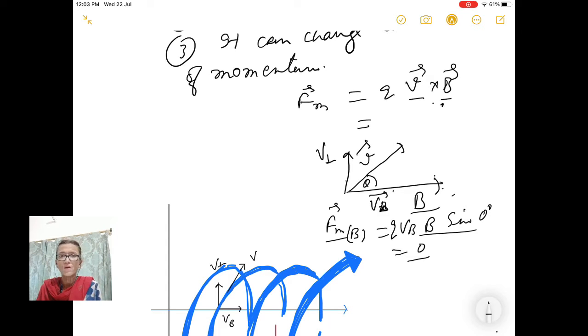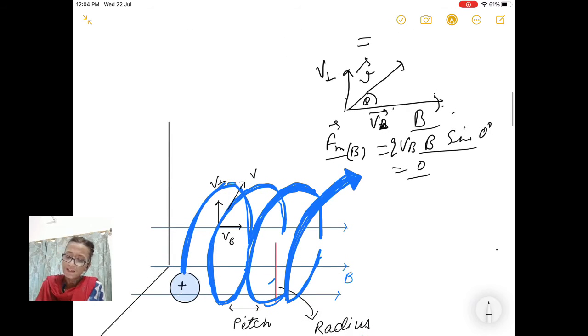And we know from Newton's first law, when the net force acting on a body is 0, then the body will remain moving with uniform velocity until and unless any force is applied on it.